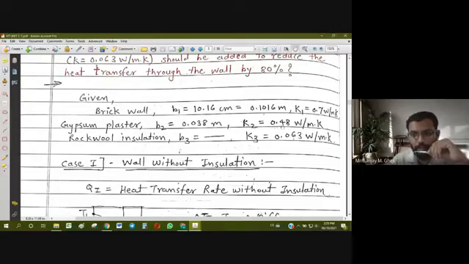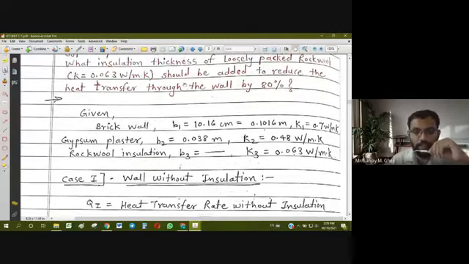Conductivity K2 is 0.48 watt per meter Kelvin. Then rock wool insulation thickness is B3, that is to be decided, not given. That is actually the question asked in the problem, and its conductivity is given, K3 is 0.063 watt per meter Kelvin.